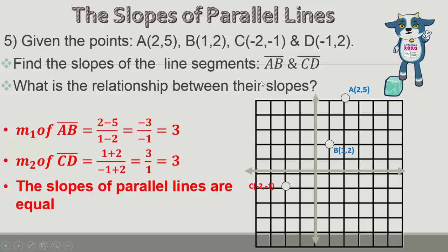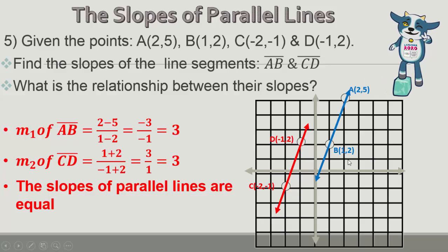Here we have point C, (-2, 1). And here we have point D, (-1, 2). We connect D and C with the red line, and we'll connect A and B with the blue line, and we can visually see that they are parallel to each other, which means that they're always equidistant from each other.